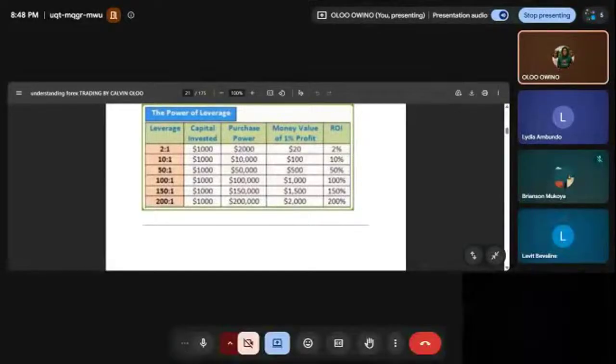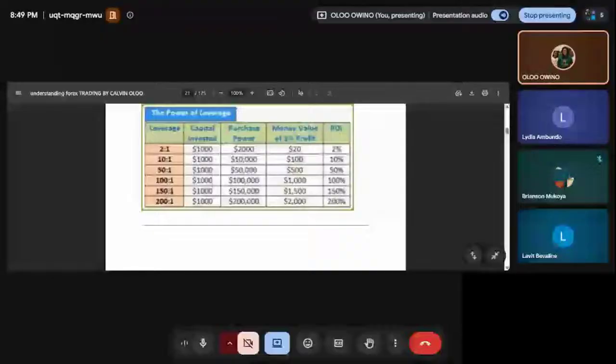Scenario number 2, a leverage of 1:10. You have invested $1,000. Your purchasing power becomes $10,000. When you make 1%, you make $100. $100 is 10% of the $1,000. So as you can see, the higher the leverage, the higher the profit, but the higher the risk of losing your money. You have a leverage of 1:50.